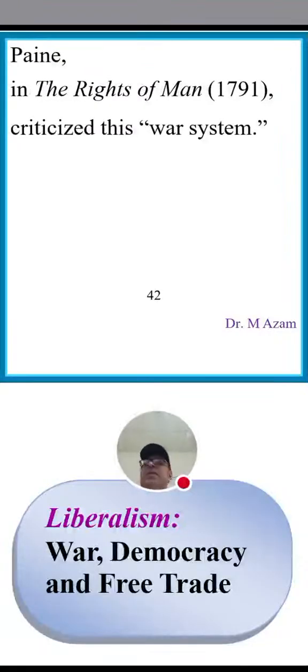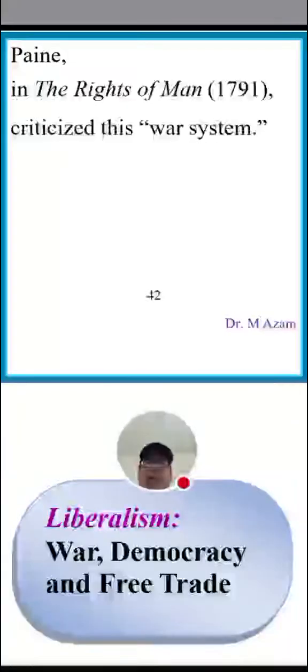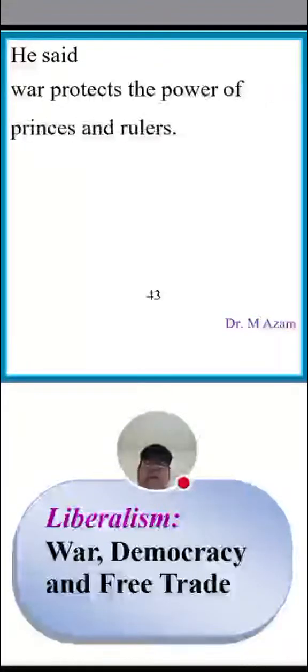Thomas Paine was a philosopher. He wrote a book in 1791, The Rights of Man. In that book, Paine criticized this war system, a system which has wars. He said, war protects the power of princes and rulers.